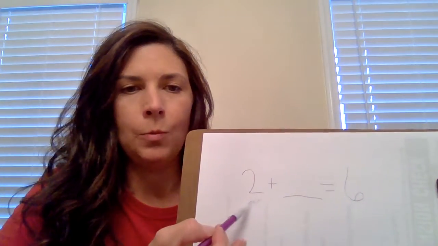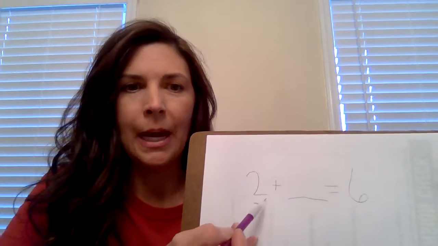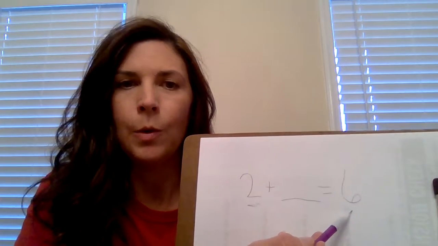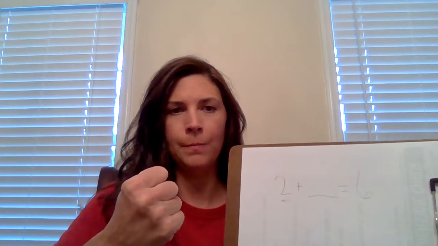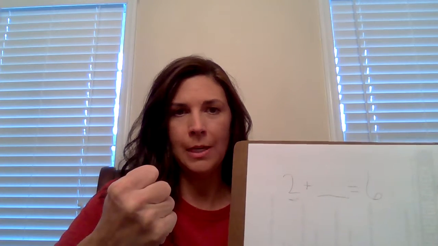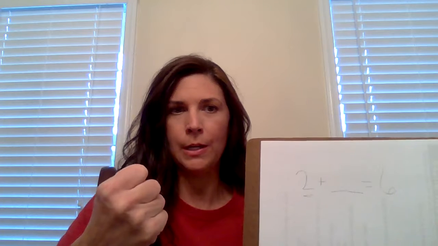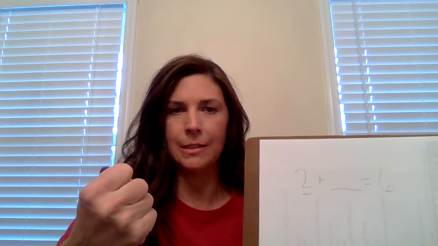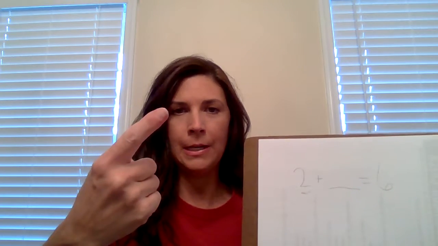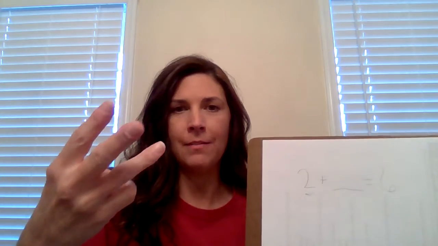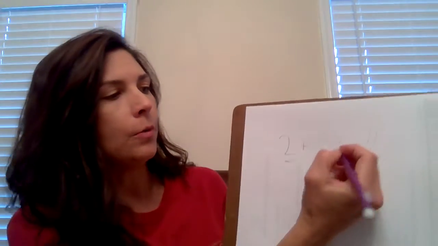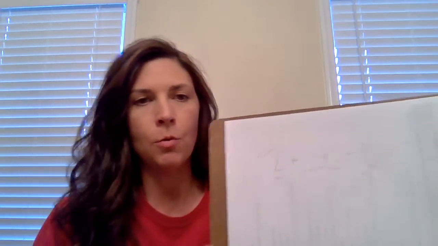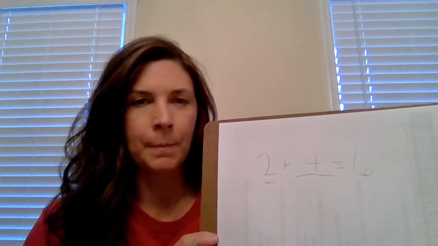We start with what we know, and we count on to what we know the final answer is. So if we start with 0 and say 2, and now we're going to put on one more for each number until we get to 6. So 2, 3, 4, 5, 6. I put on 4 more. Therefore, I know that 2 plus 4 equals 6.